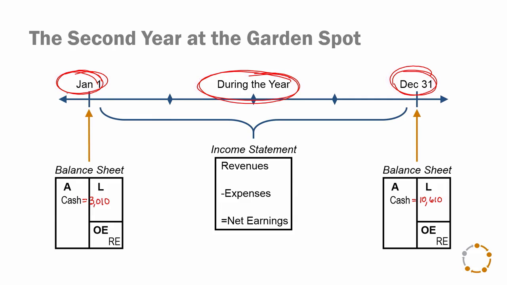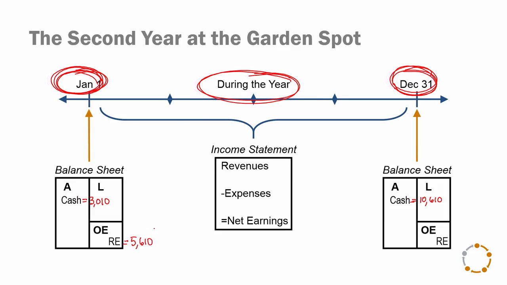So the accumulation of everything that had happened to the company as of January 1st was represented in this balance sheet, which had a cash balance of $3,010. The accumulation of everything that's happened up to December 31st is represented in this balance sheet, and that shows a cash balance of $10,610.